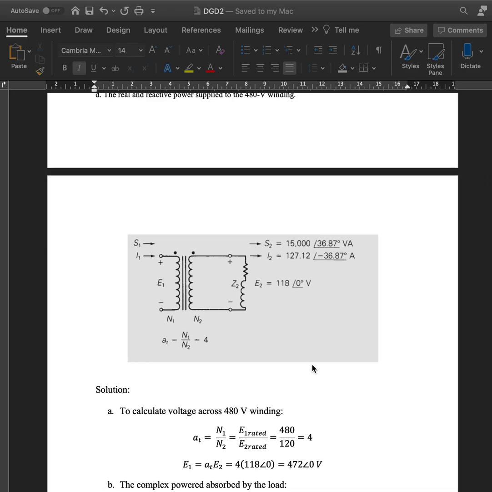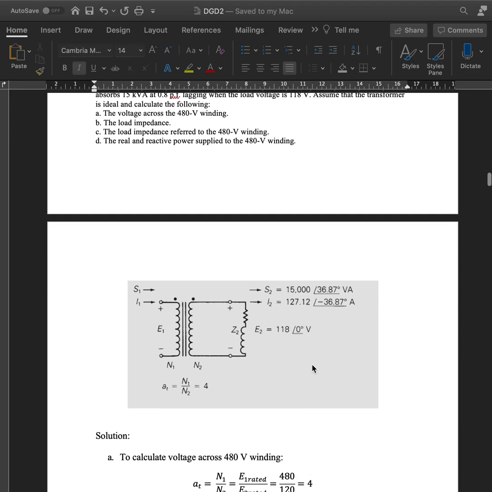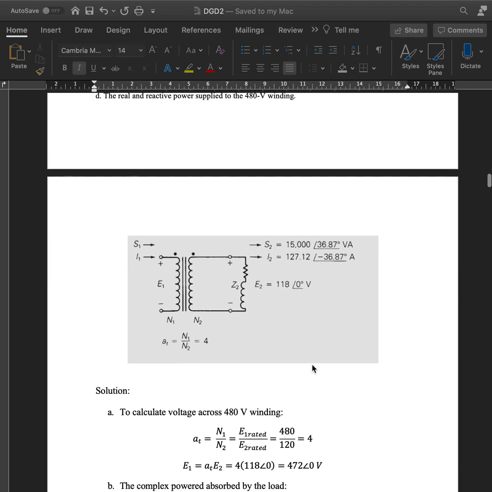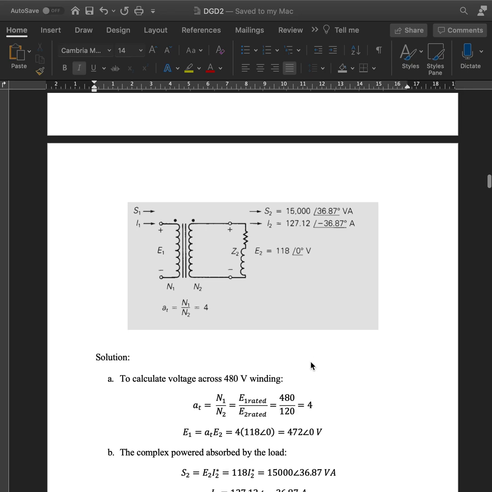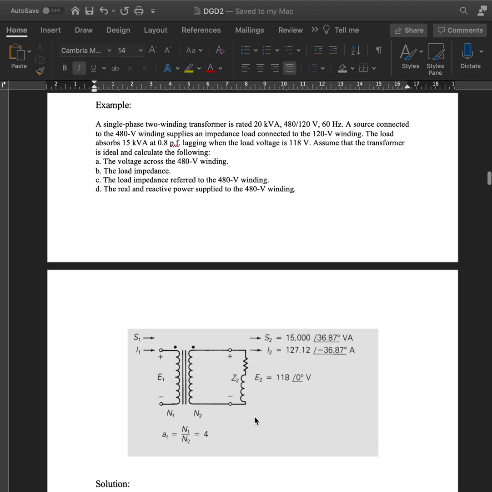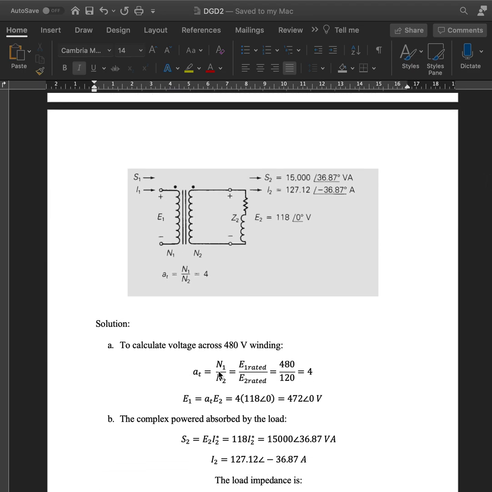Alright, so the second one was the load impedance. So we have to calculate the load impedance now. To calculate the load impedance, we know the power absorbed by the load is 15 kVA, which can be written as this, with 118 right there. There you go.